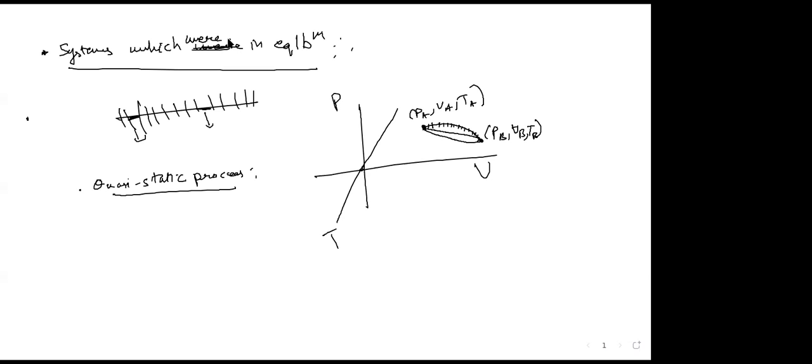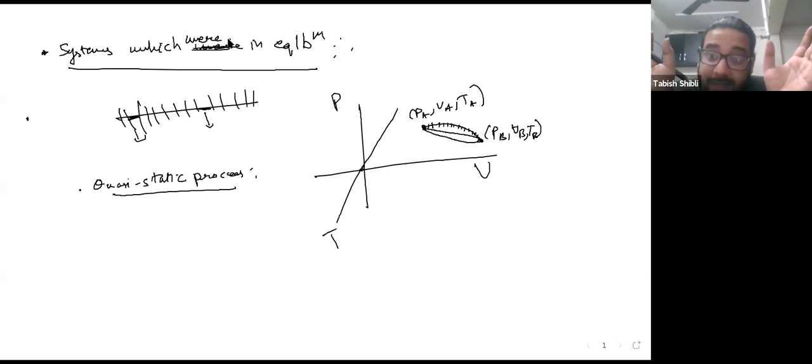All of those states are equilibrium states in the sense that if a system is in that state, it will stay in equilibrium forever unless some external work is done or some external heat is applied.